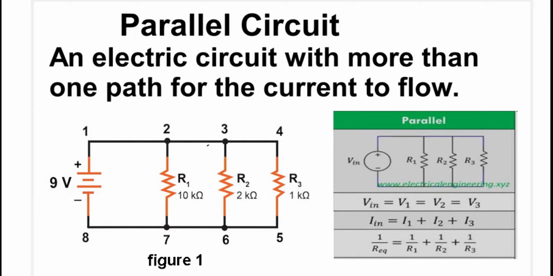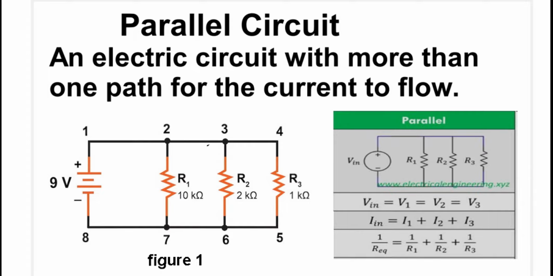Number 2 and number 7 are the nodes of R1, which is 10 kilo ohms. This is also applicable to 3 and 6, they are the nodes. 4 and 5 are also the nodes where resistance 3 is connected.